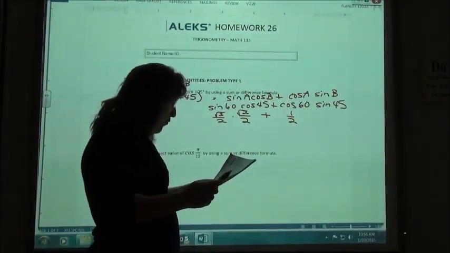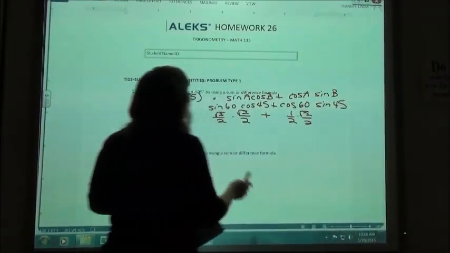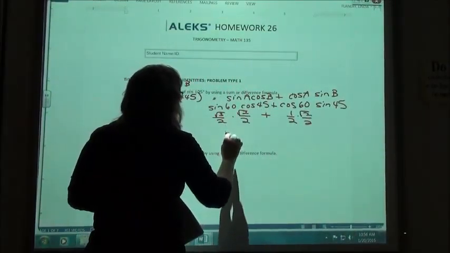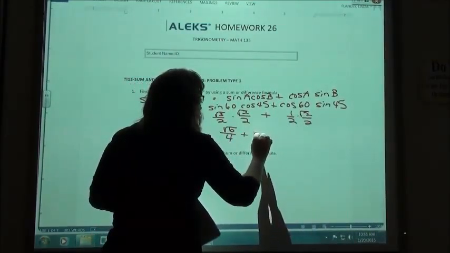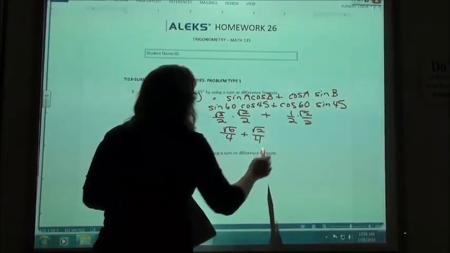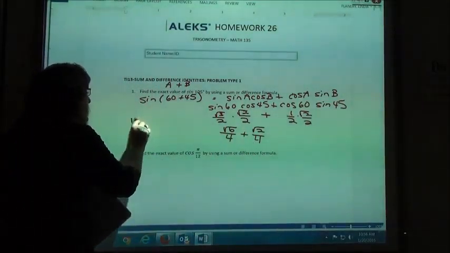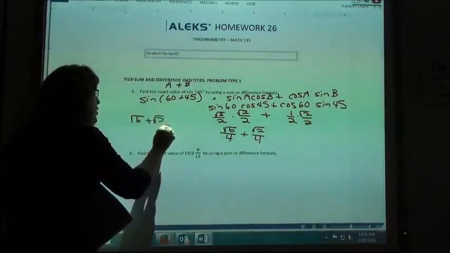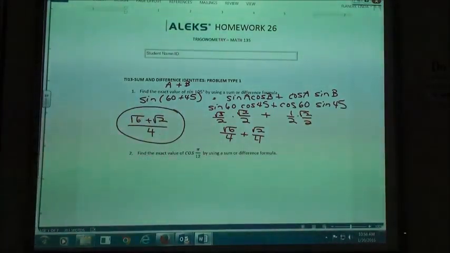And the sine of 45 is square root of 2 over 2. So we would get the square root of 6 over 4 plus the square root of 2 over 4. Combining that into one answer, I would have the square root of 6 plus the square root of 2, all over 4, for my answer.